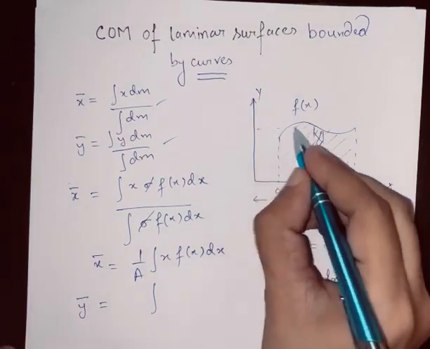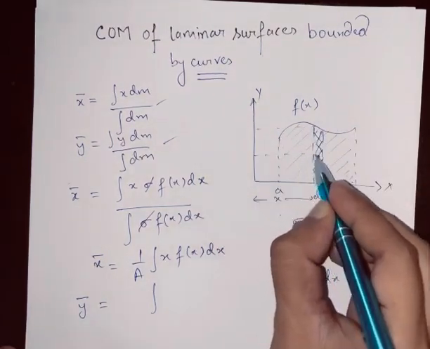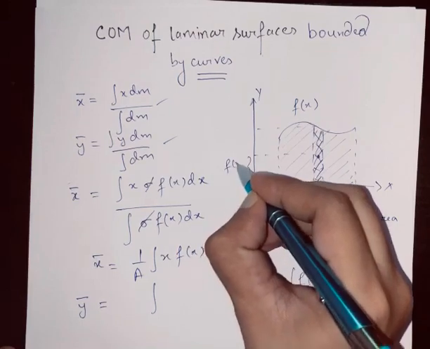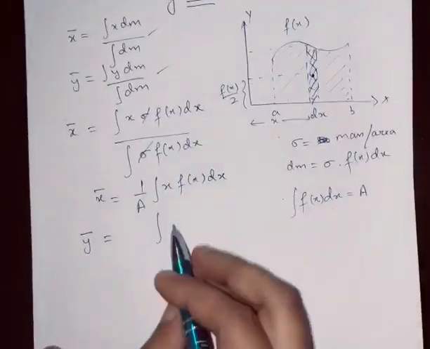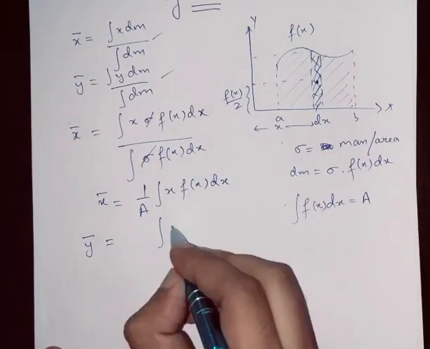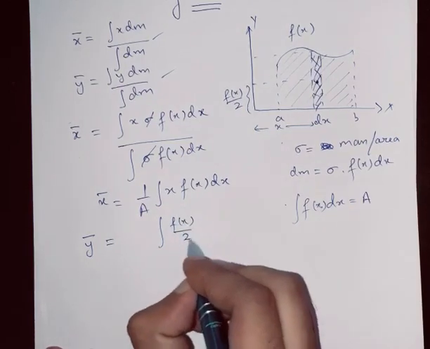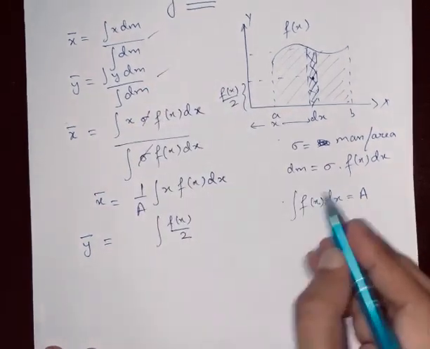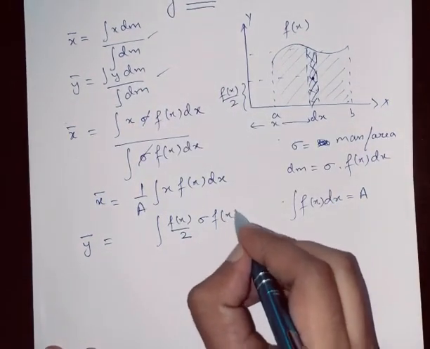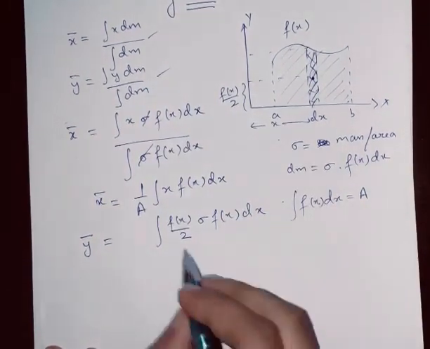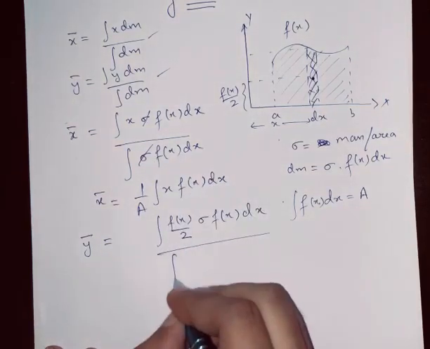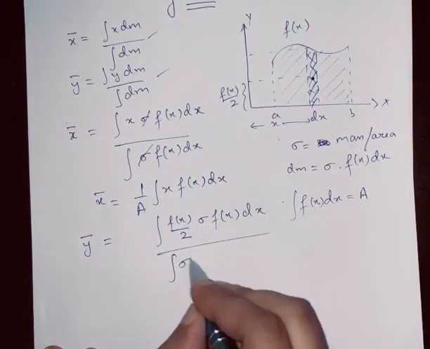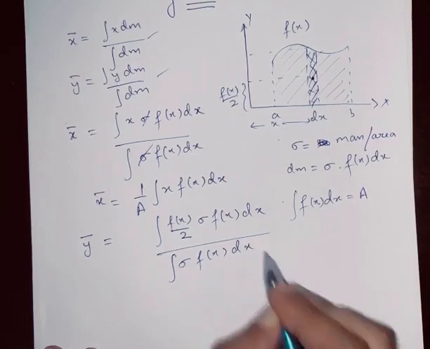So if this is f(x), then this length must be f(x)/2. So we put y equals f(x)/2, into dm, which will be sigma f(x) dx, divided by the integral of dm, again sigma f(x) dx.